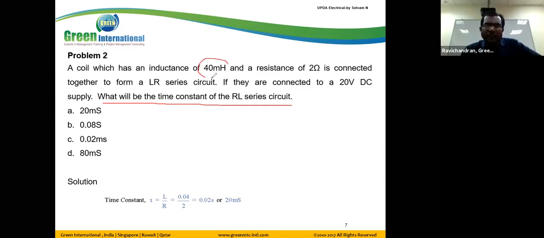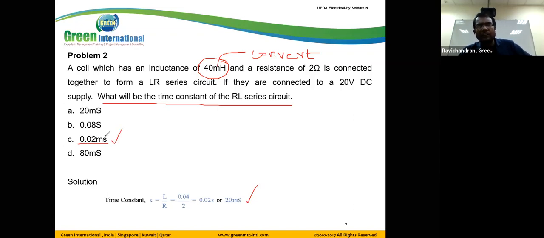Just remember that here they give millihenry, you convert. 40 milli can be converted to Henry because the unit for inductance is Henry, not millihenry. So substitute this value and we get the time constant 20 milliseconds. And read the question. Here they mention 0.02 milliseconds. Due to curiosity, sometimes we will select this answer. So it's wrong.